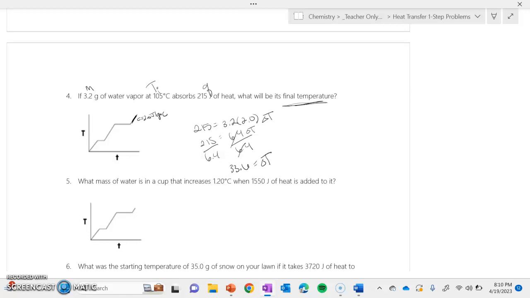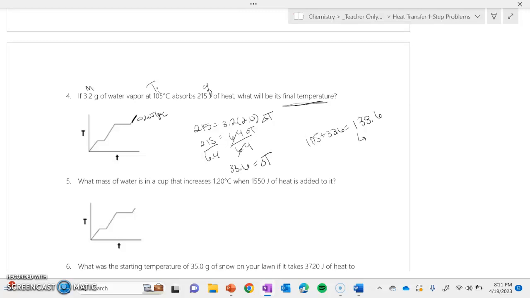Okay. So, if our starting temperature was 105, we need to have a 33.6 degree increase, because that's what our delta T is. So we're just going to add our 33.6 to the starting temperature. 105 plus 33.6. After this increase, we should have an ending temperature of 138.6.